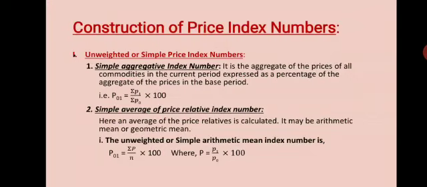In simple average of price relative index number, the first method is the unweighted or simple arithmetic mean index number, that is P01 equals summation P upon n into 100, where P equals P1 divided by P0 into 100, that is nothing but price relative, and n are number of commodities or items.